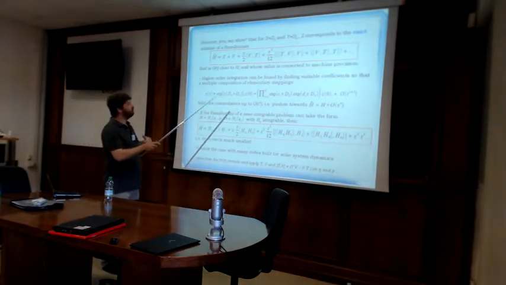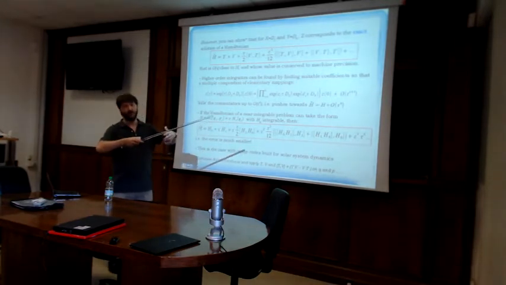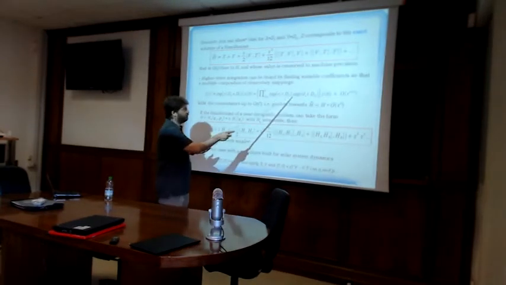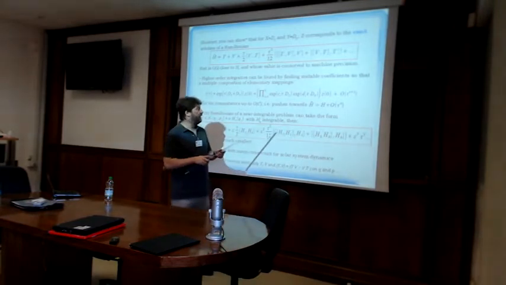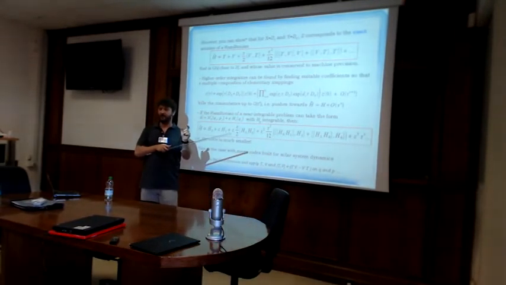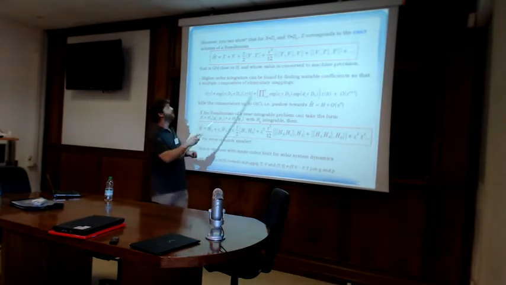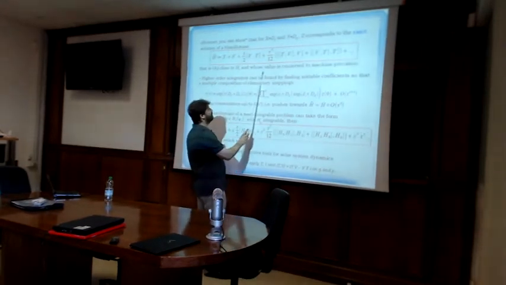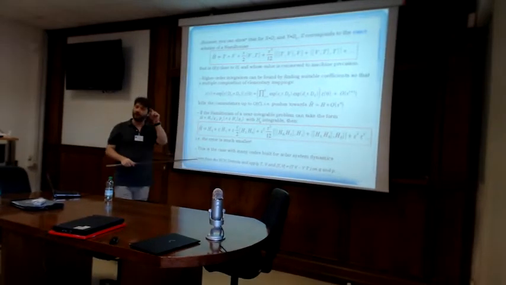Now, you can find higher order integrators than the first order in tau by saying, okay, now I'm going to take a product of these many times, and I'm going to put some coefficients in front of each exponential, and I'm going to try to find whether this product can cancel out some of these terms, so that if I cancel this term and I cancel this term, the error is order tau to the 3.